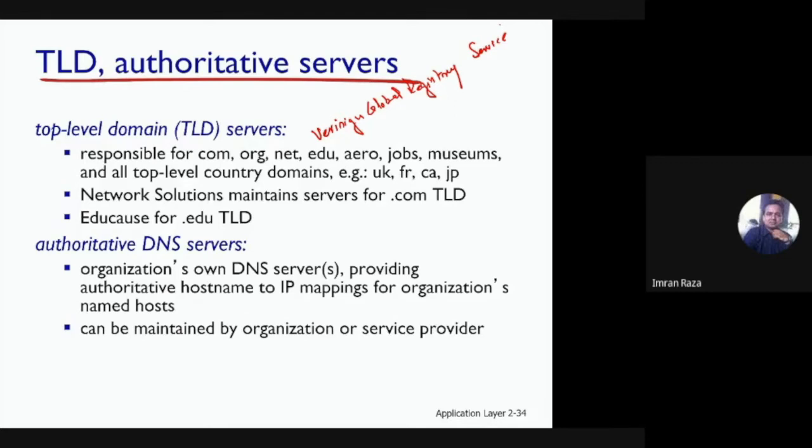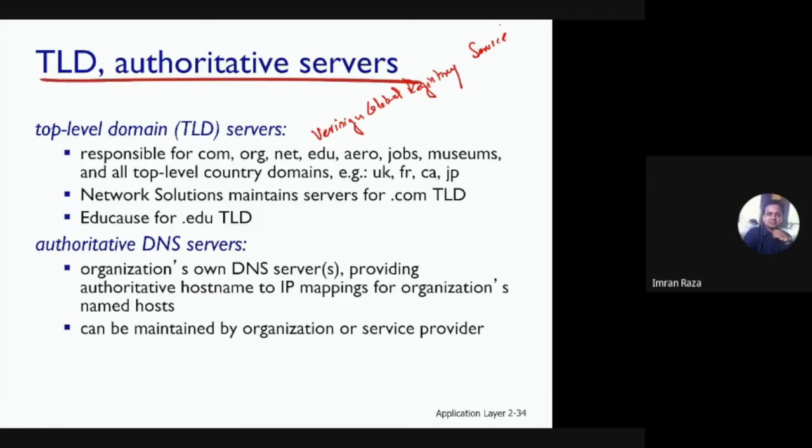And then we have the authoritative DNS server, right? This is an organization's own DNS server. It houses the DNS records, and it provides the host name to IP mapping of the organization's hosts that are addressable to other hosts on the internet, right?